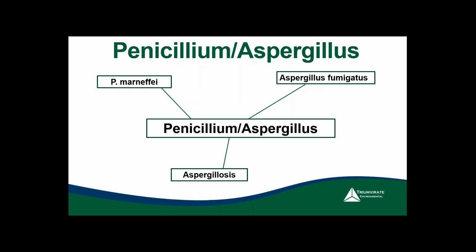Next we have Penicillium and Aspergillus. These two are closely related, and Penicillium is actually where penicillin, the popular antibiotic, is derived from. Stemming off of Penicillium, we have P. marneffei, and that has been studied to cause invasive infections even in non-immunocompromised individuals.